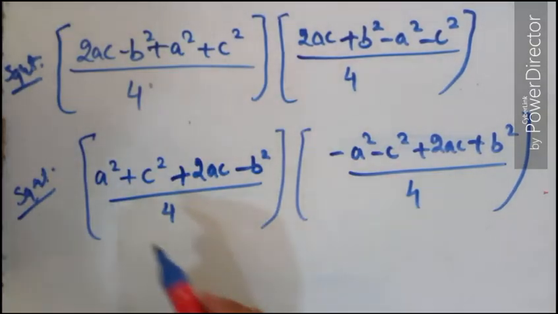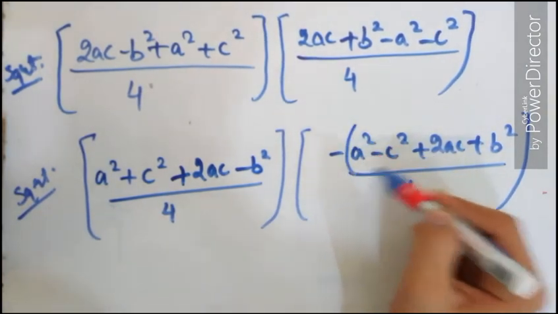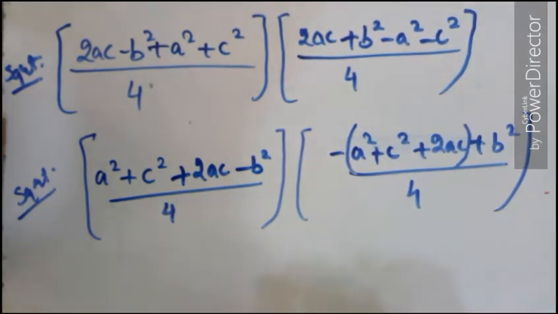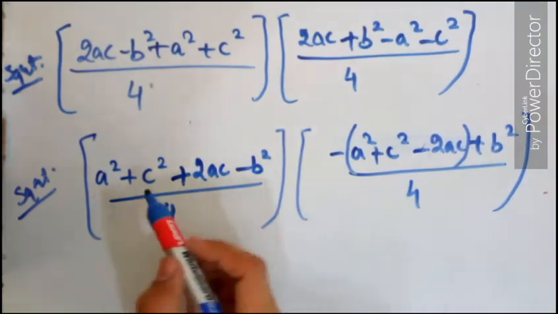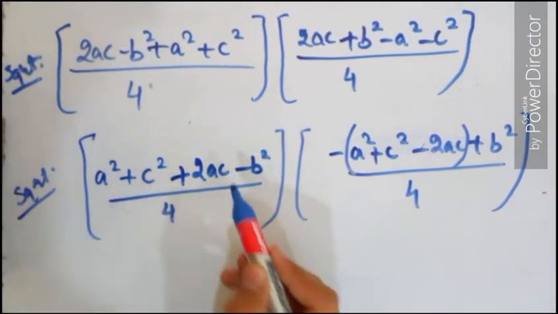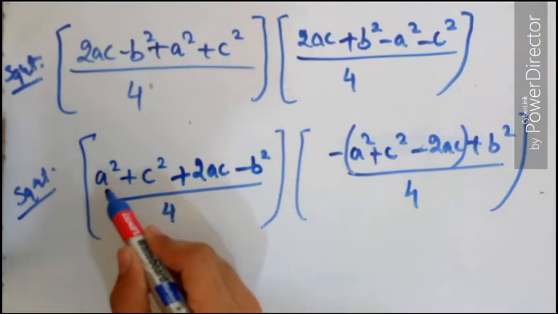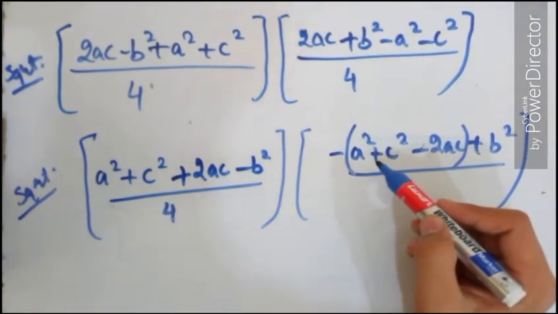And now if we take the minus in common in the bracket right here, the signs are going to change here, positive sign here and negative sign here. So A squared plus C squared, this is nothing but the expanded form of A plus C whole squared, and similarly this is.